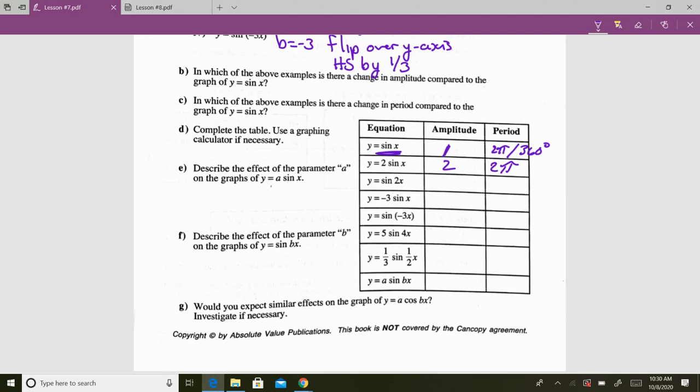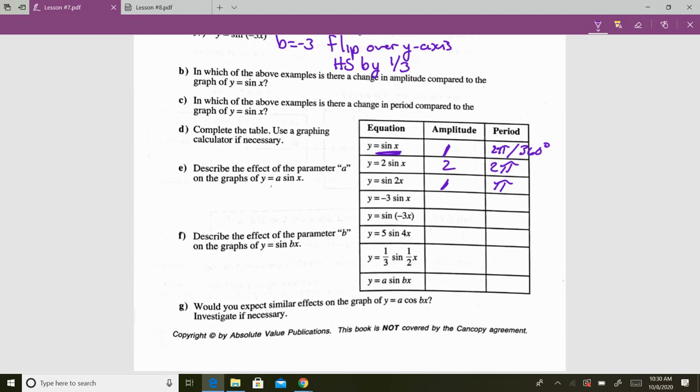Sine 2x. Did the amplitude change? No, because it didn't do anything. So it's still 1. What about the period? What did we do to the graph? We compressed it, right? By a factor of a half. So the period was 2 pi. Now it's pi.